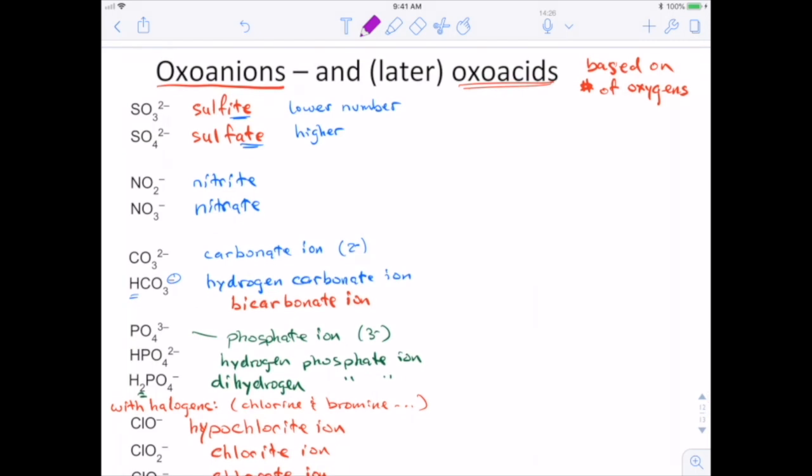Now, when you go on to later subjects in chemistry, you'll be doing some acid-base chemistry, and oftentimes you'll be using these oxoanions as the conjugate base in these acids. One that you're probably very familiar with uses the sulfate ion. The sulfate as an acid turns into sulfuric acid, that would be H2SO4. If it's the ite, from SO3, then the name for that acid will be sulfurous acid.